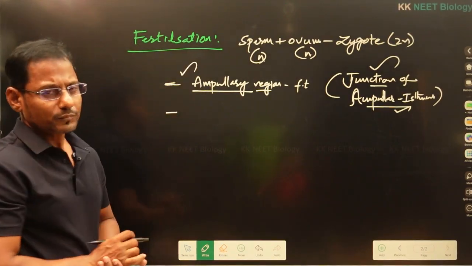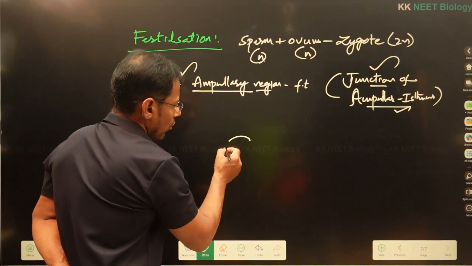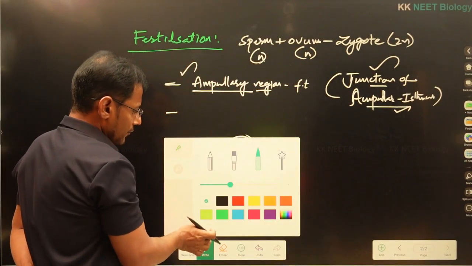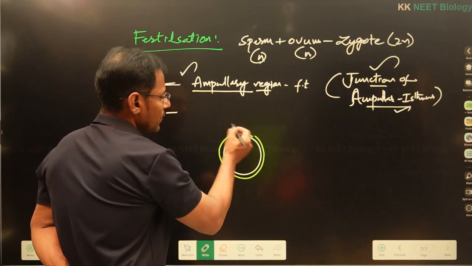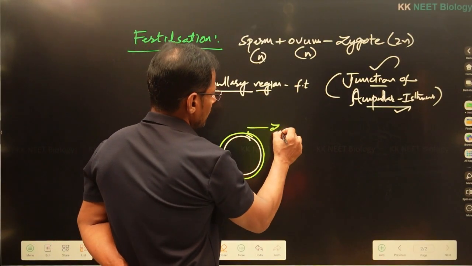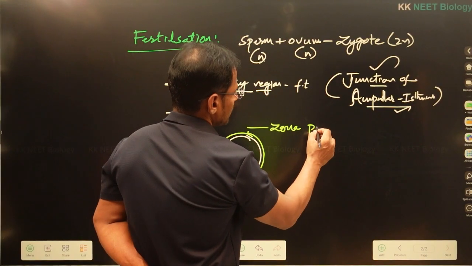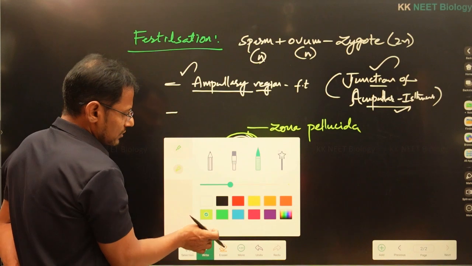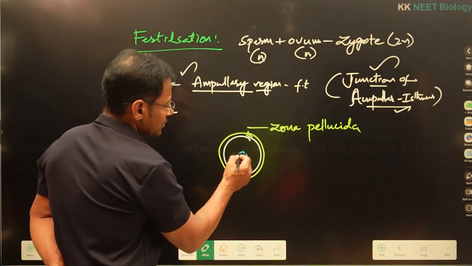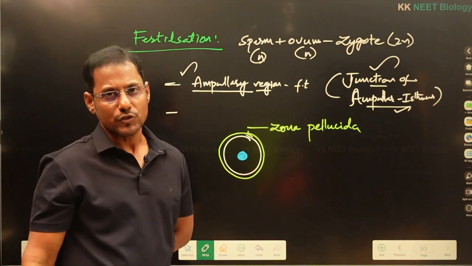This is the ovum, and we know that there is a particular layer around it, known as the zona pellucida. Actually, this is not the ovum; we call it a secondary oocyte.